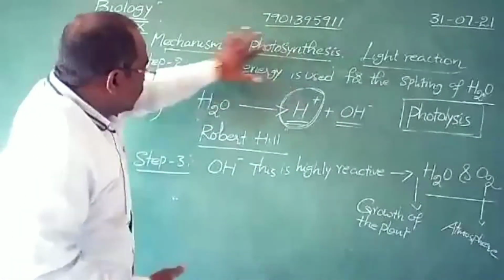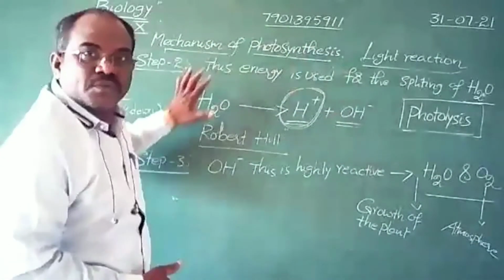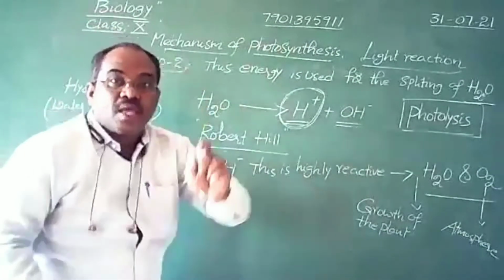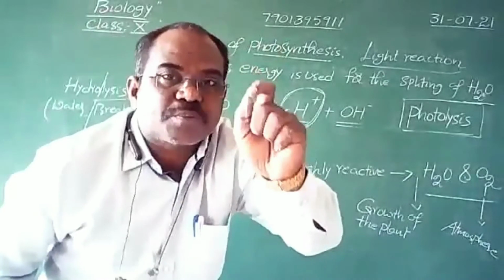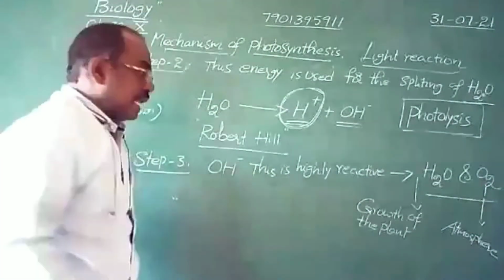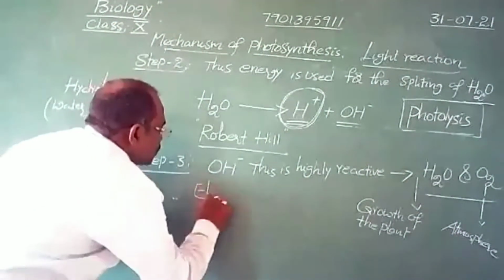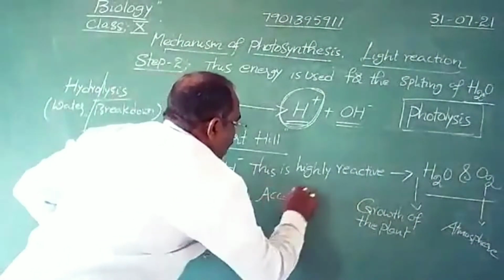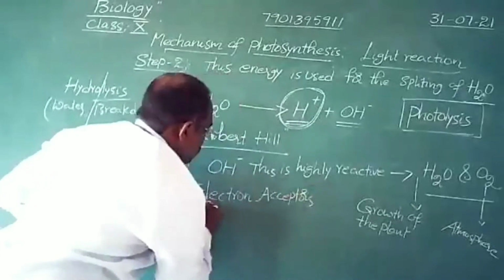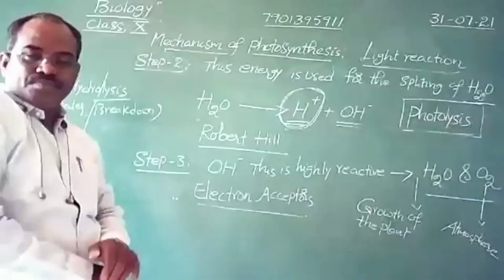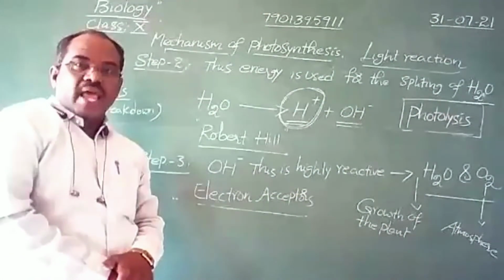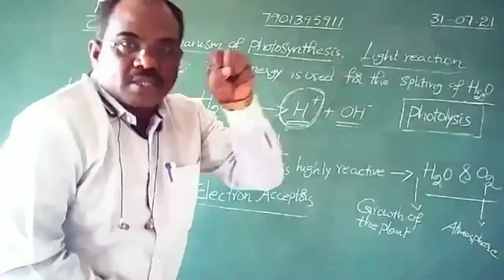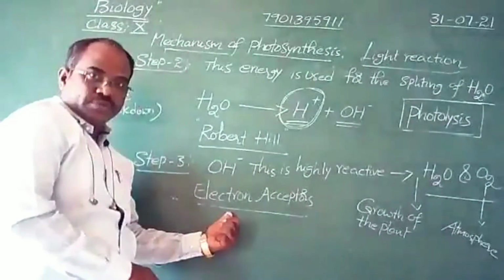And in the light reaction of the photosynthesis process, electron acceptors are used.